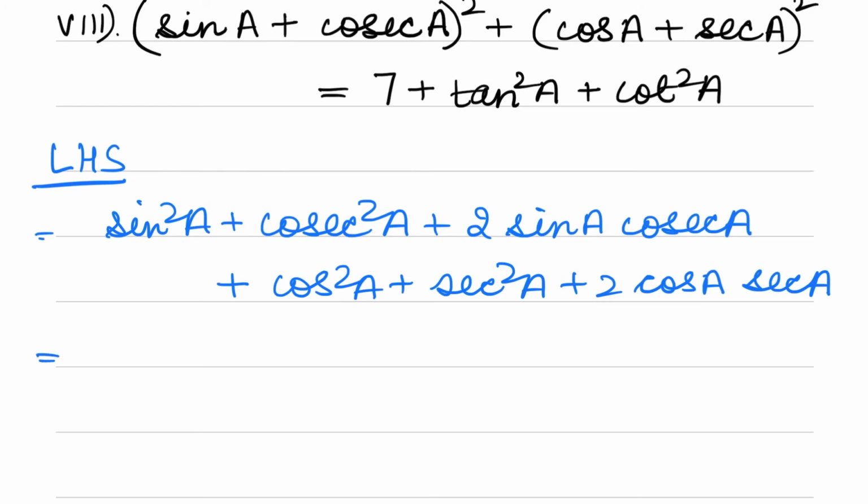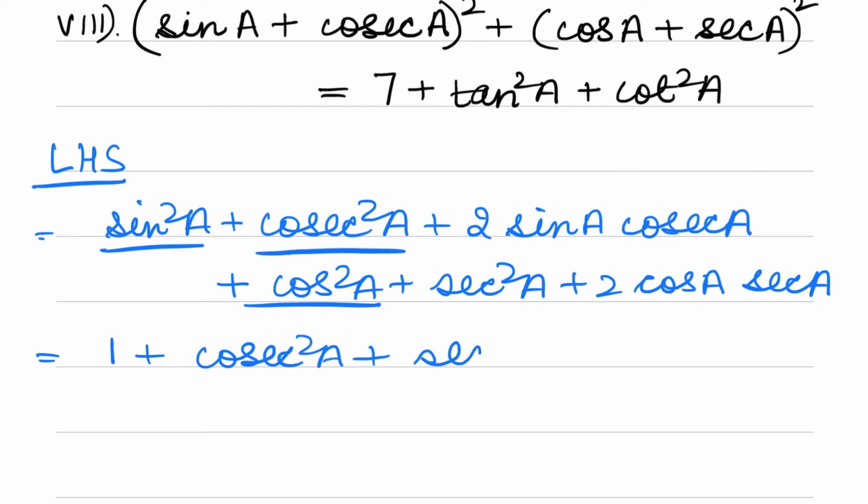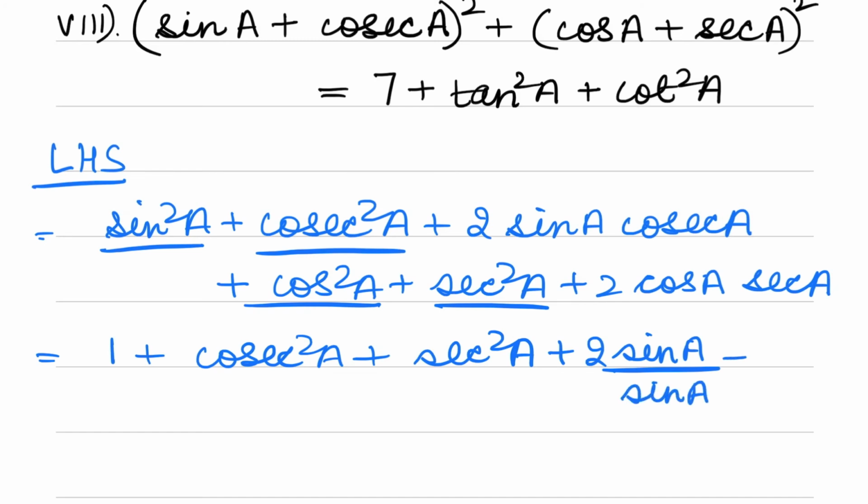Now here we have sin square a plus cos square a, that will be equal to 1, and I can write down cosec square a plus sec square a. Now 2 sin a and cosec a will become 2, so I can write down this as twice sin a divided by sin a, cosec is 1 by sin, and plus 2 into cos a by cos a.